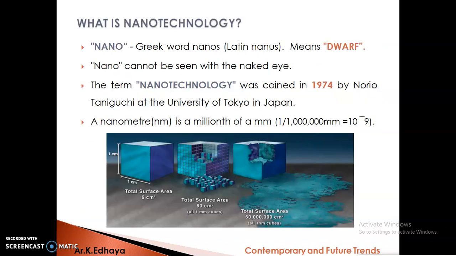How it happens is, say you have a 1 centimeter by 1 centimeter cube. If you apply color to such a cube, the surface will get colored. If you break it into smaller parts, say into 1 mm cubes, again the outer surface of each and every 1 mm cube will be tinted.